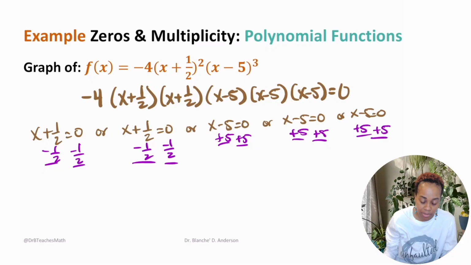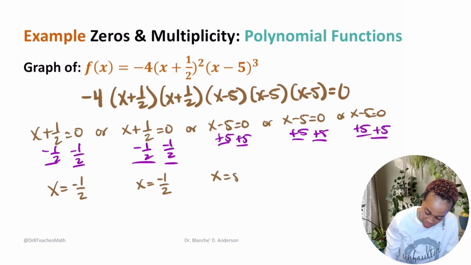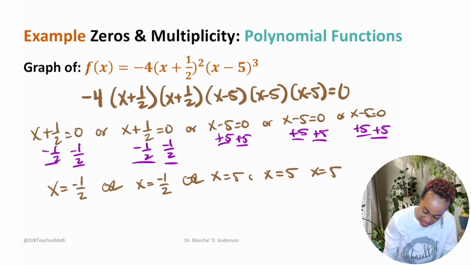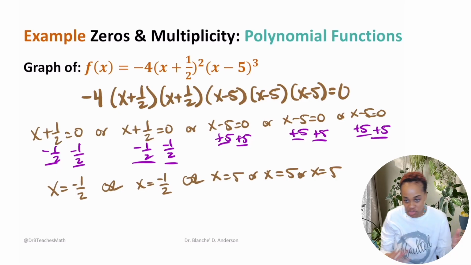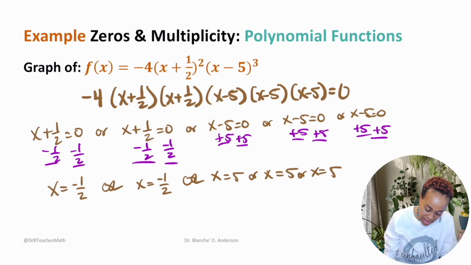Okay, it's getting kind of sloppy, ain't it? So anyway, x is negative 1/2, x is negative 1/2, x equals 5, x equals 5, x equals 5. Y'all see that? The same way I'm moving through these is the same way you want to move through those. The 1/2 shows up twice, right?